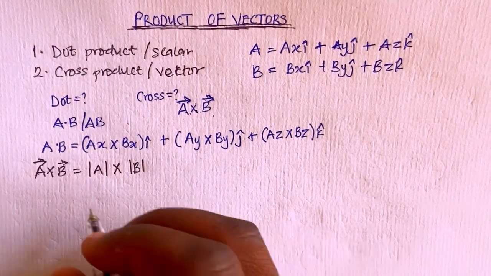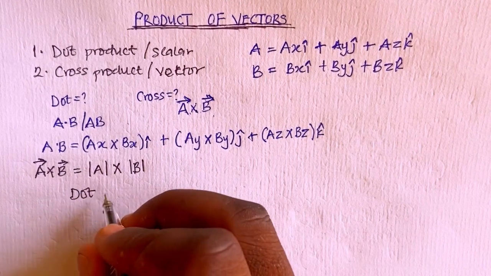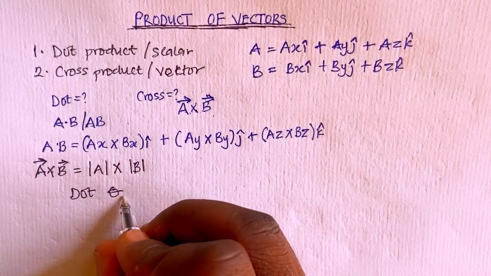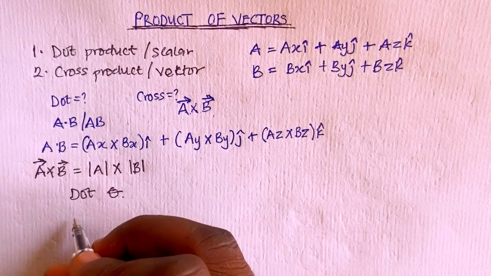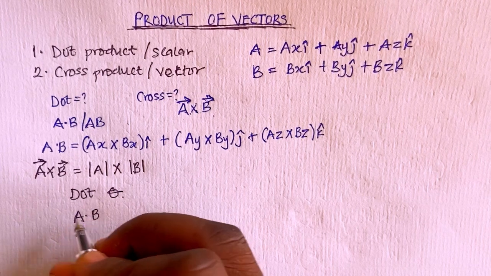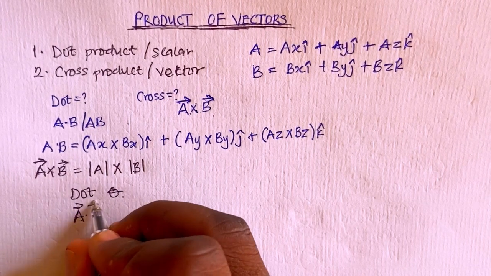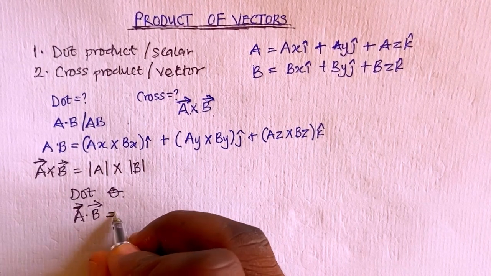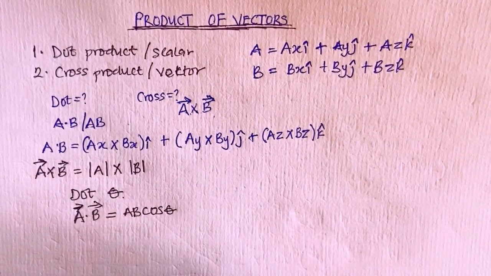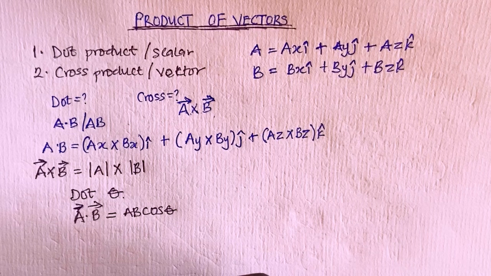Suppose our vectors are inclined at an angle theta. Then A dot B will be equal to AB cos theta if it is inclined at an angle.